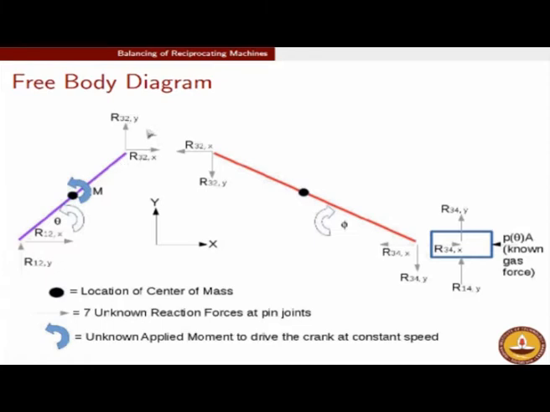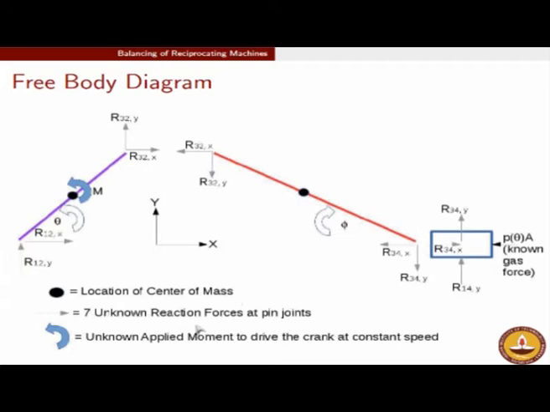If I know the forces coming on the crank from the connecting rod, I can evaluate the forces the connecting rod receives from the crank, because that is just an action-reaction pair. So I don't count these reaction forces as unknowns, because once I determine these forces, I should be able to determine the reaction to those forces.